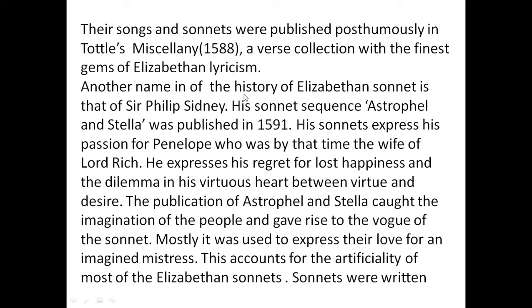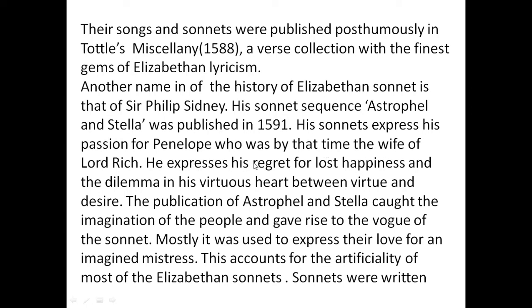Another name in the history of Elizabethan sonnet is that of Sir Philip Sidney. His sonnet sequence, Astrophel and Stella, was published in 1591. His sonnets express his passion for Penelope, who was by that time the wife of Lord Rich.